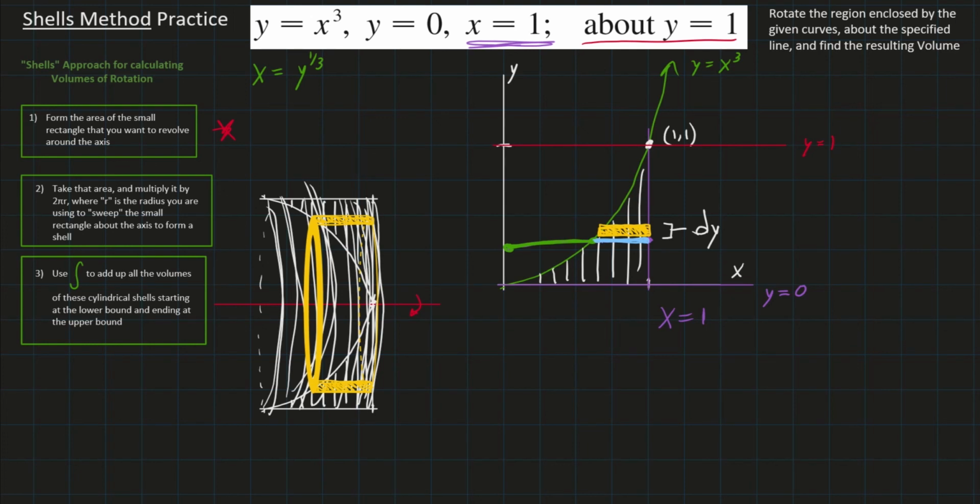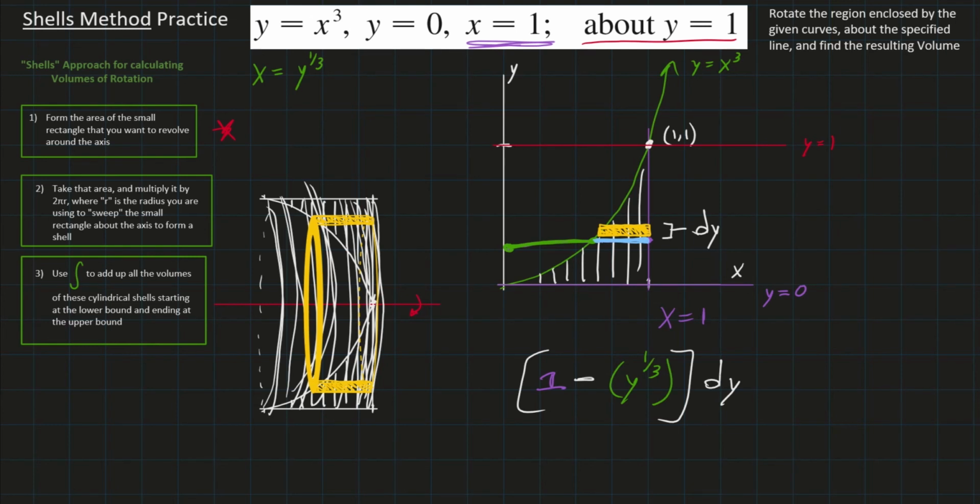Alright, so I'm going to say 1 minus the x's coming out of that green equation. But I'm putting it in terms of y so that it gives me the x's. And of course, I'm doing that because the width is dy.